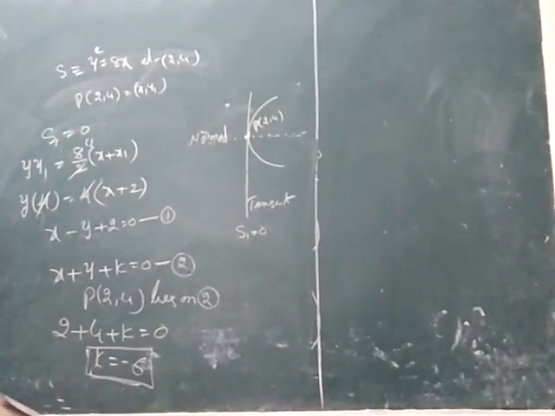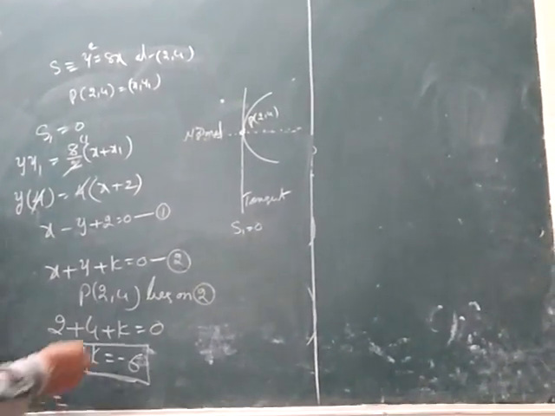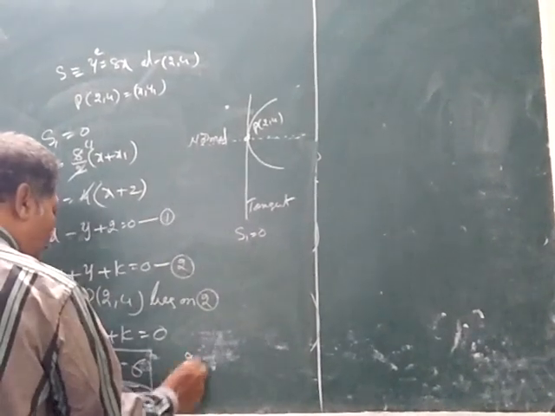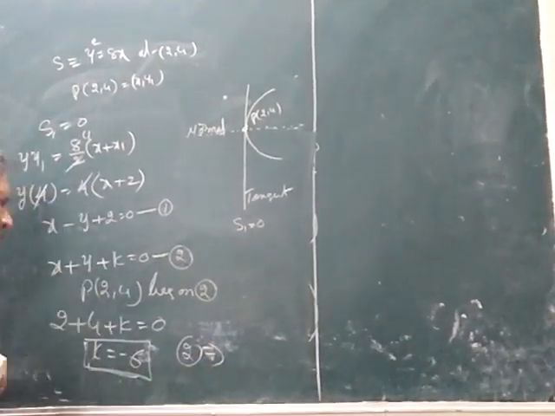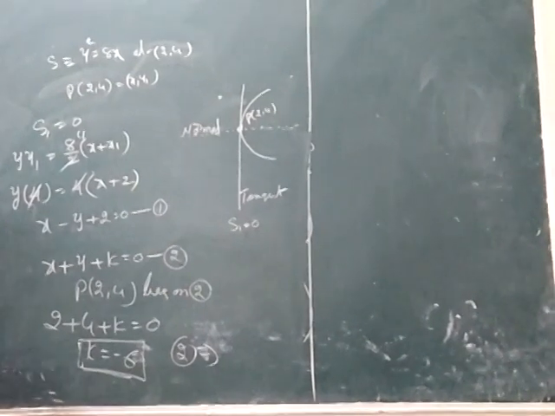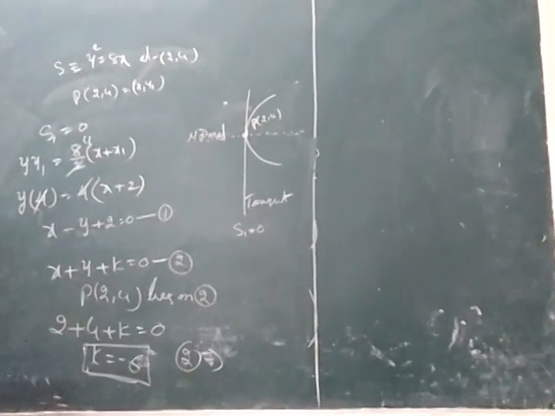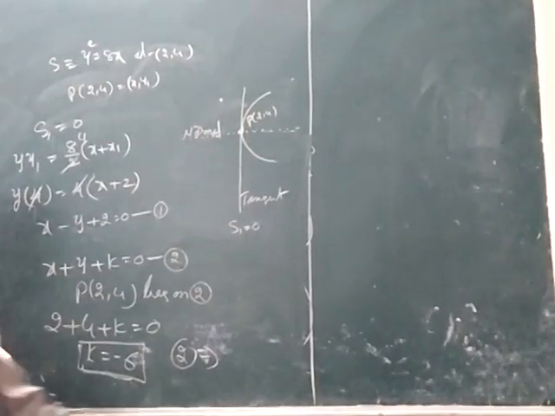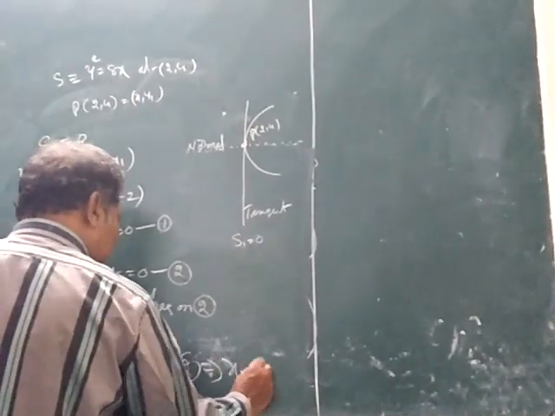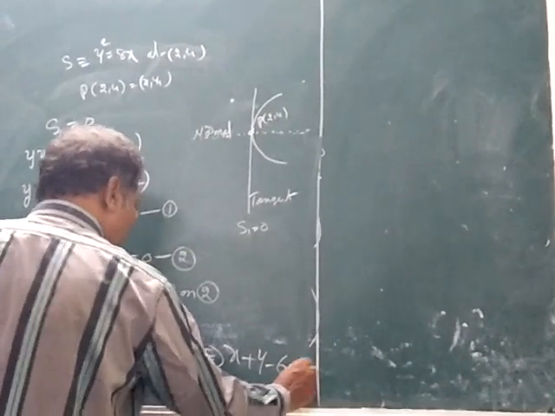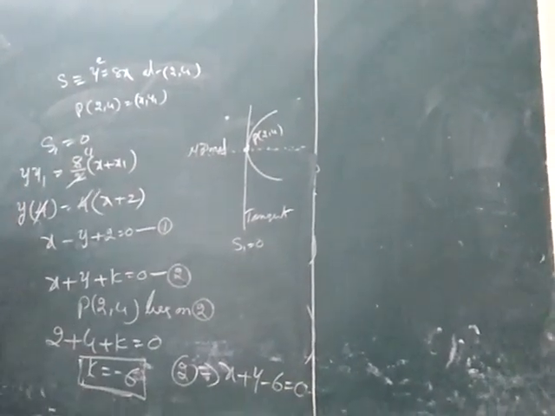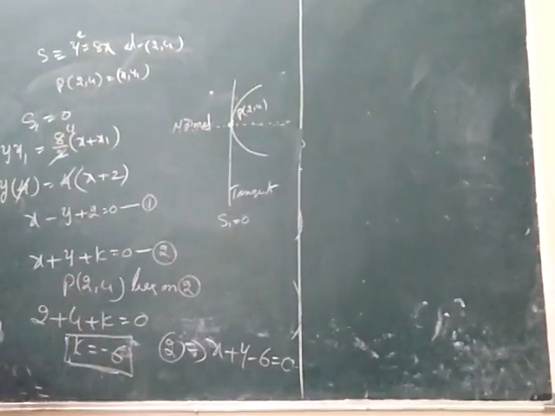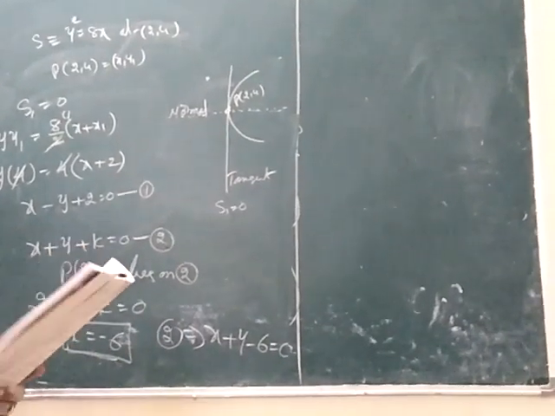Therefore, from 2, normal equation is x plus y minus 6 equal to 0.